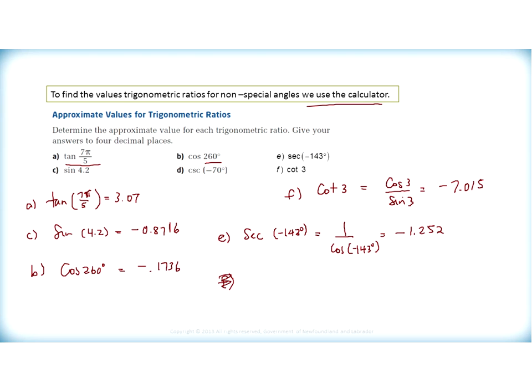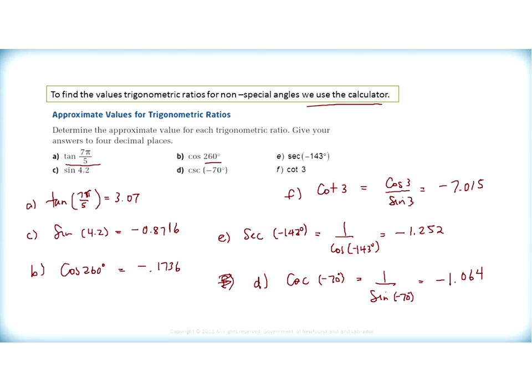Sorry, not F. I think the other one that's left here now is D, which is the cosecant of negative 70. Cosecant is 1 over sine. In the same way as before, I'm going to find the sine of negative 70 first, and then I'm going to press the 1 over x button, or the x to the minus 1 button on my calculator, and I get an answer of negative 1.064.